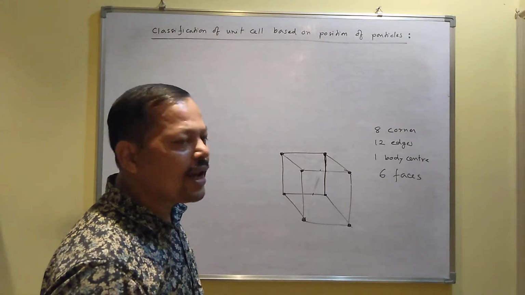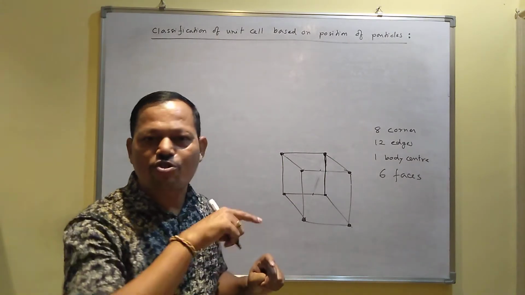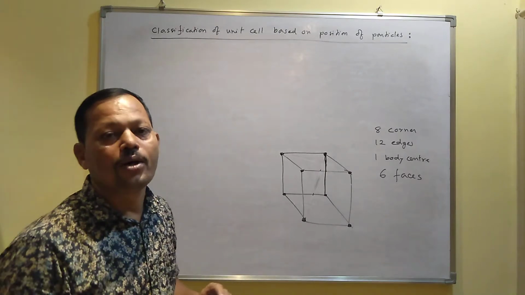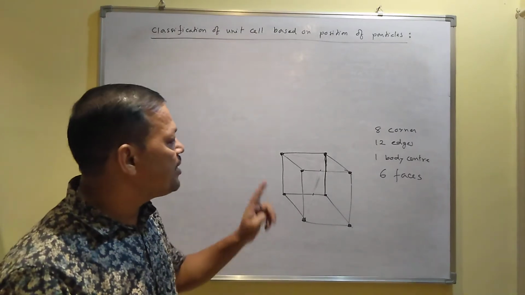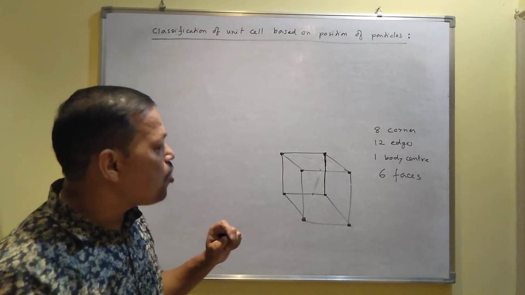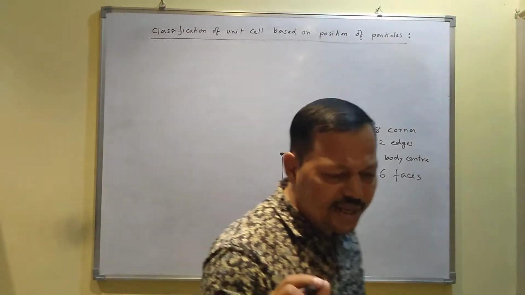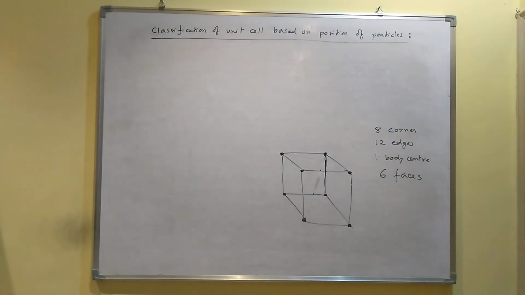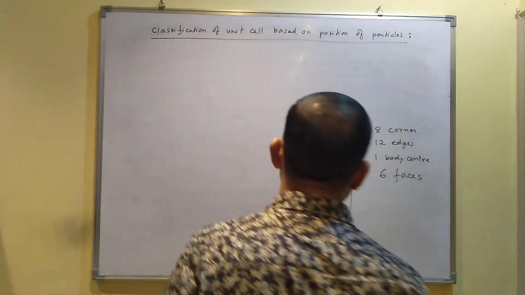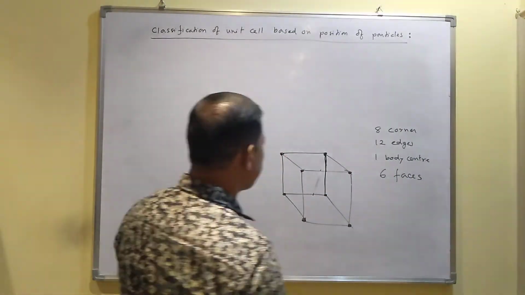And when you draw a line from one corner to another corner through the body, then that diagonal is called a body diagonal, and inside the cube you can draw 4 body diagonals, and the center of the cube is called what? That is called the body center. So first you should know about this. After that you can study about the structure.